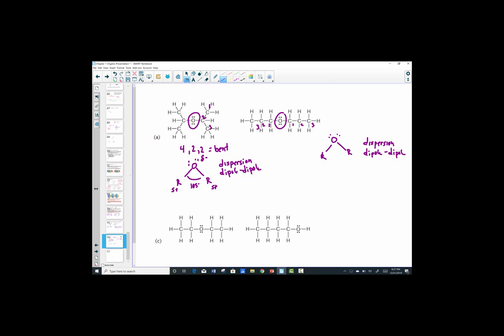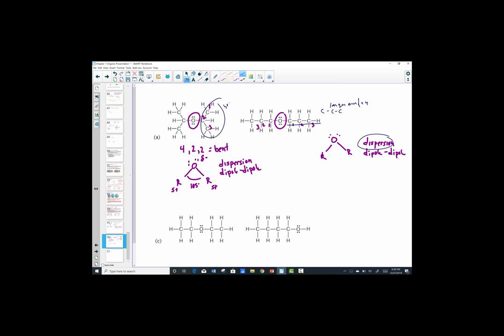For instance, the larger the surface area, the greater the dispersion force can be to set up. Notice that this is a straight chain carbon. All in a row is a larger surface area for those molecules to interact. This is balled up.